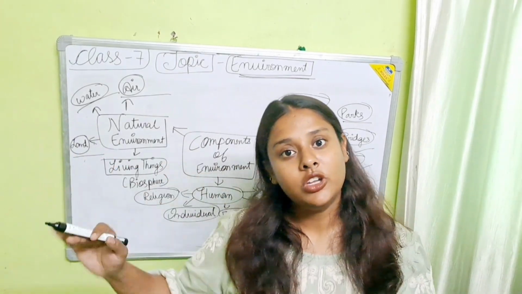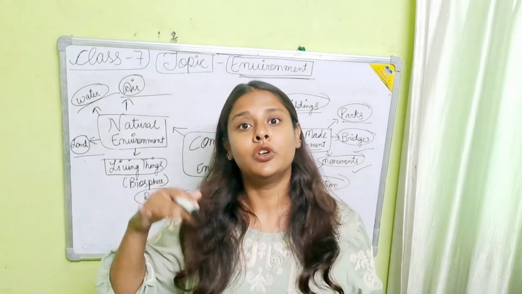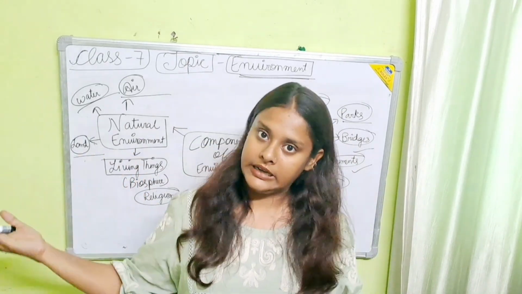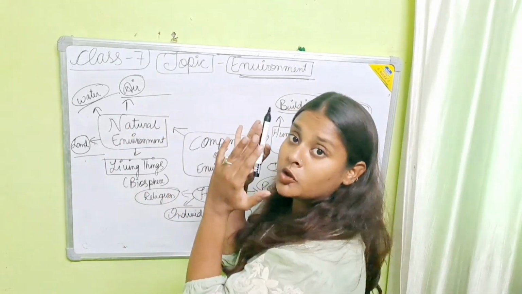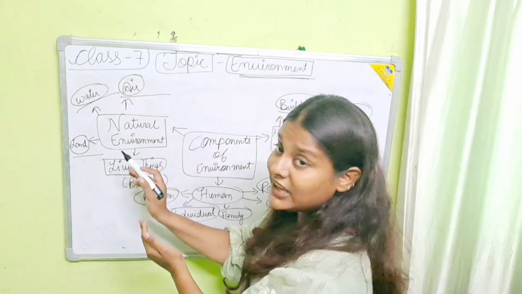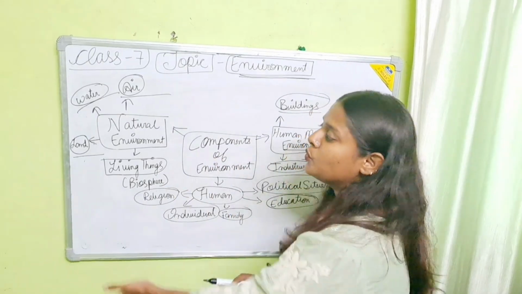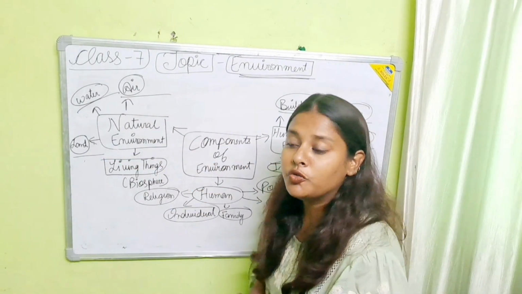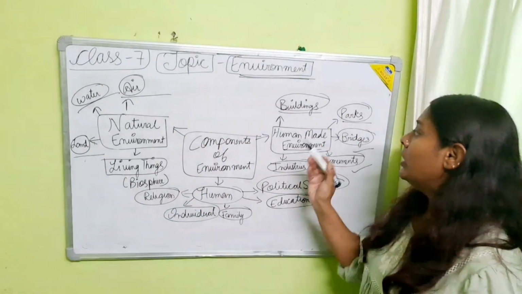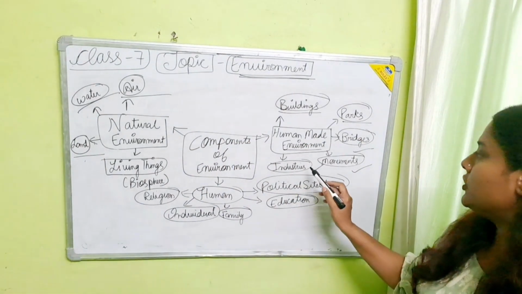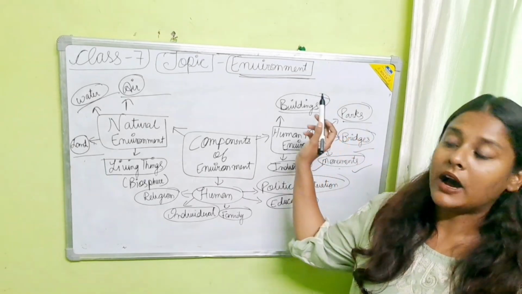We are cutting down the trees and making more industries to fulfill our needs. God has given us these three to fulfill our basic needs, and we are modifying them to fulfill our further needs. Human-made environment consists of industries, monuments, bridges, parks and buildings.